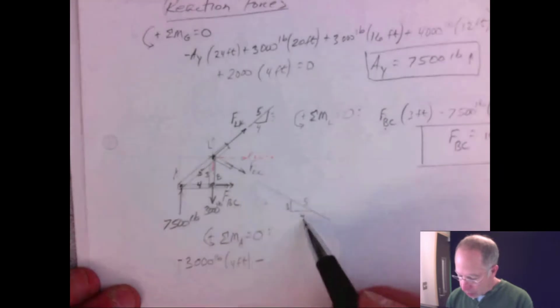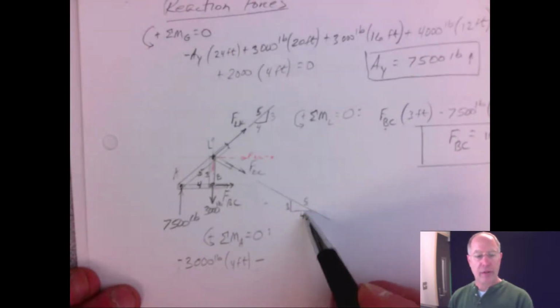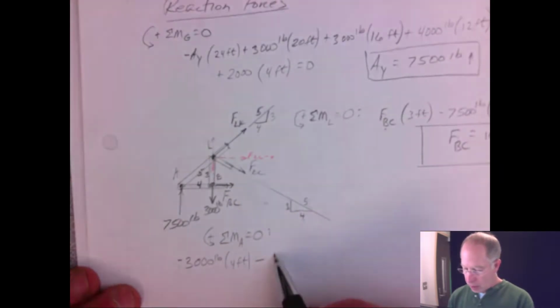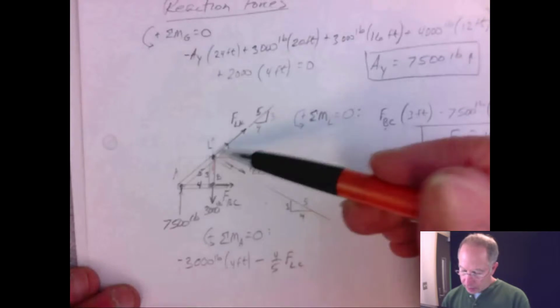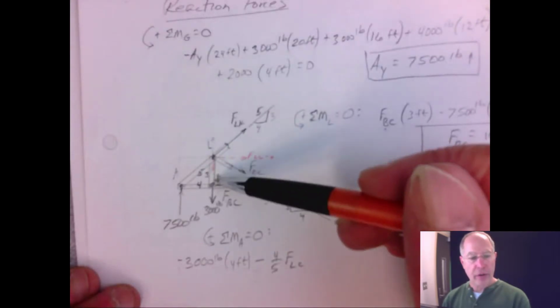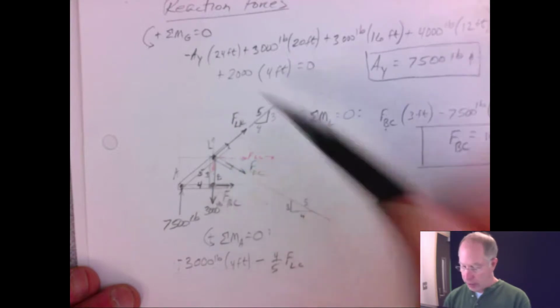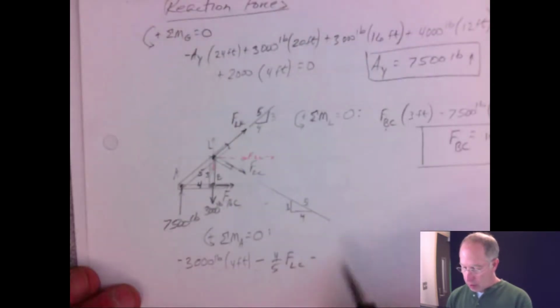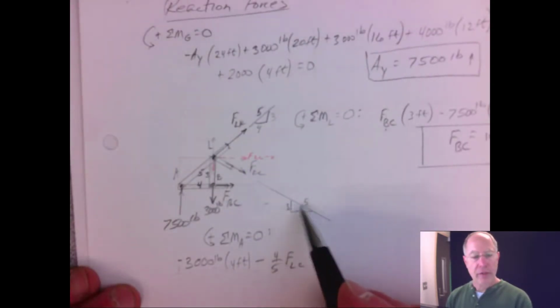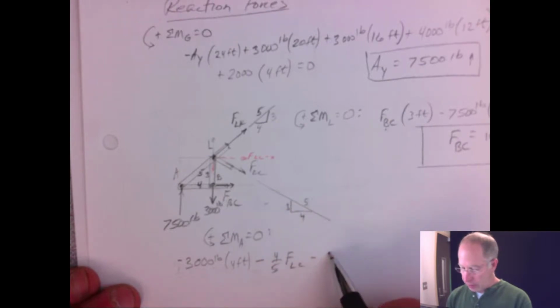The X component is the X component over the hypotenuse, so 4/5 FLC. And then FLC also has a vertical component that also causes a negative rotation. And the vertical component is 3/5 FLC.